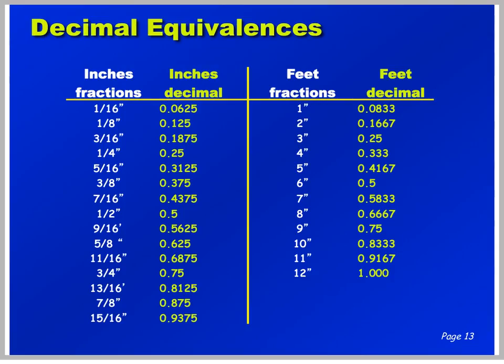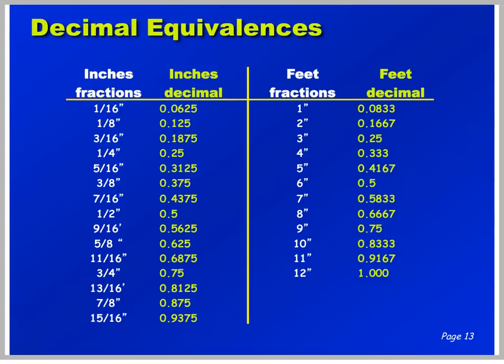As a side note, going back to the decimal equivalence chart, we can get any of the numbers that you have on this chart simply by dividing the top number by the bottom number. For instance, dividing 1 by 16, you'd get 0.0625. It's easy to see 1 divided by 2, you get 0.5.